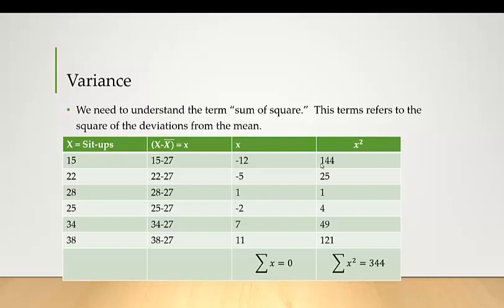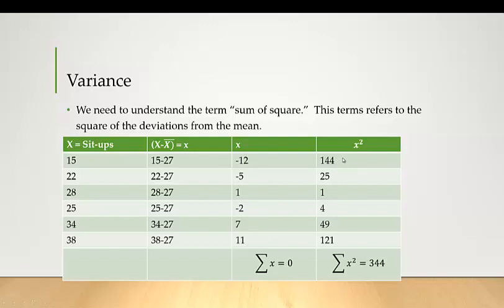So what we're going to do though is sum our scores, or square our scores. So the first person was 12 below the mean, square it, we get 144. We're going to do that for all our deviations from the mean.